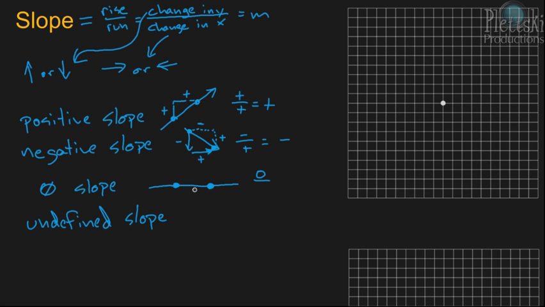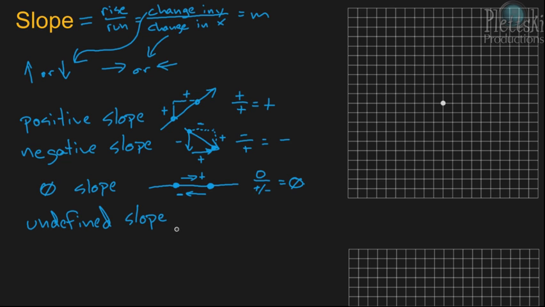It doesn't really matter. If you start at a point on the left and go that way, it's going to be positive. If you start at this point on the right and go left, it'll be negative. It doesn't really matter because 0 divided by anything is still going to be 0. So you'll have a zero slope.